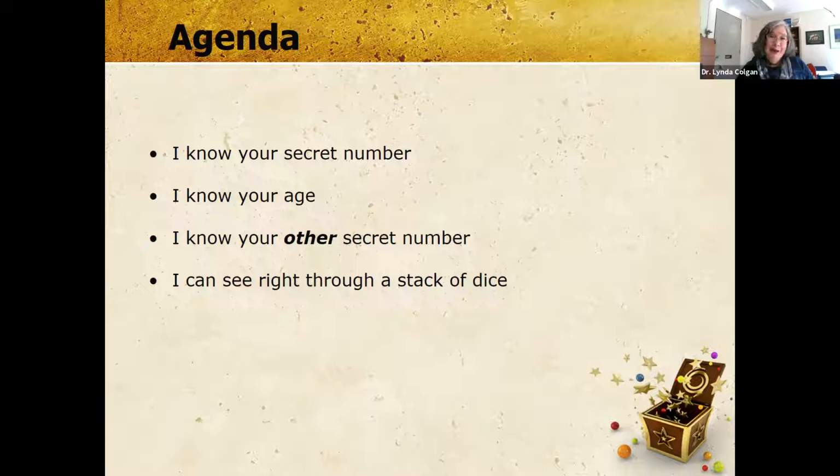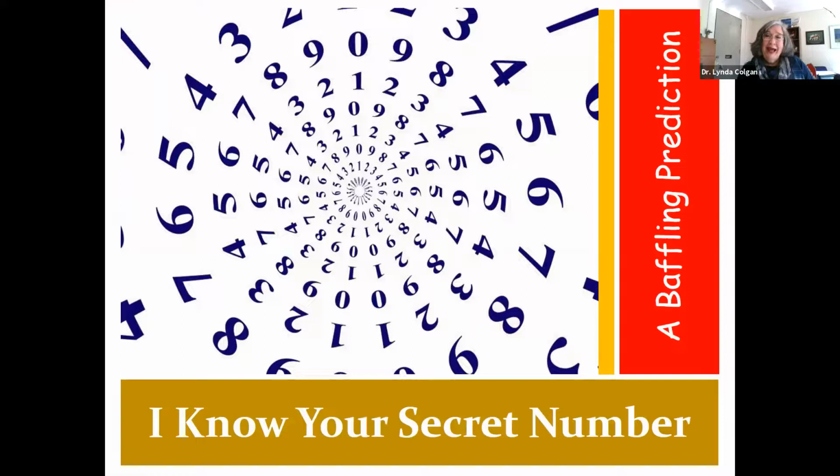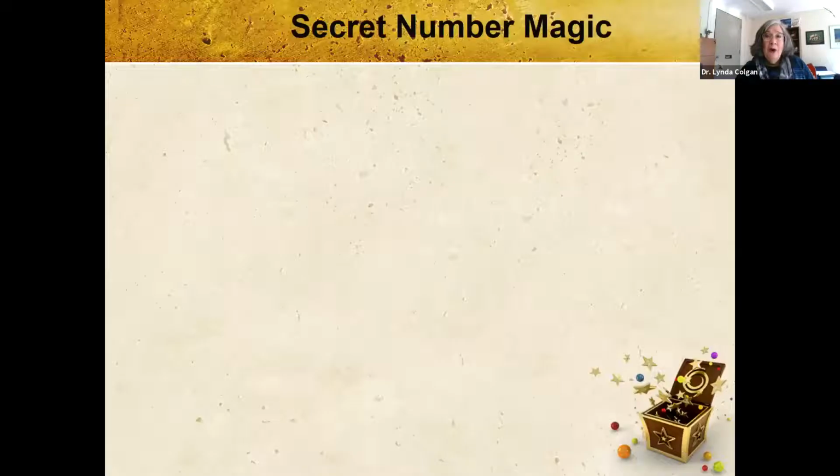So here we go. What I'd like you to do is have a piece of scrap paper handy. I'd like you to have your pencil. And you are allowed to use a calculator if you wish, but I've tried to keep the numbers not too big, so if you don't have a calculator, it's not essential.